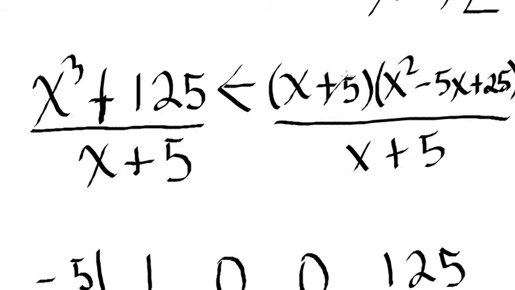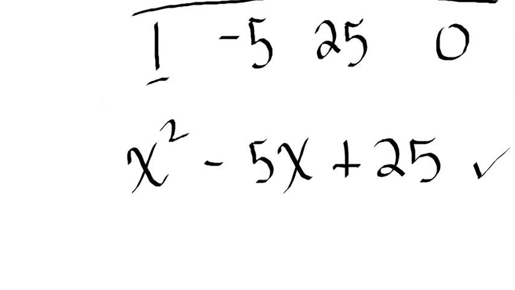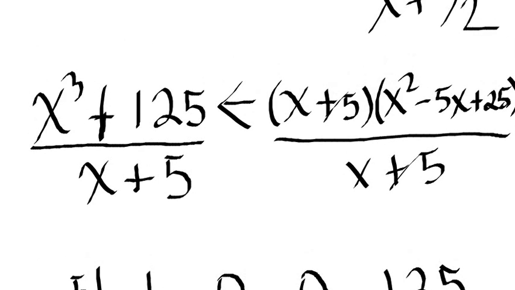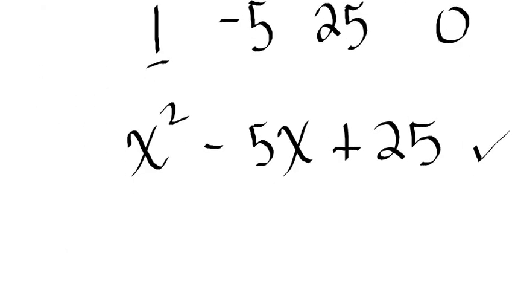What happened? Well, the x plus 5's cancel out, and we're left with x squared minus 5x plus 25. See that? So this formula we had to memorize to come up with this factoring came from long division of polynomials, or you could have used synthetic division to come up with that.